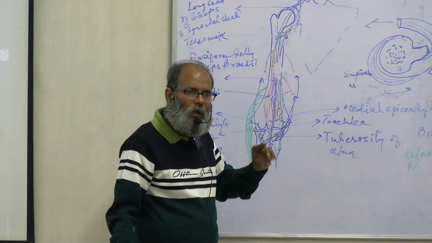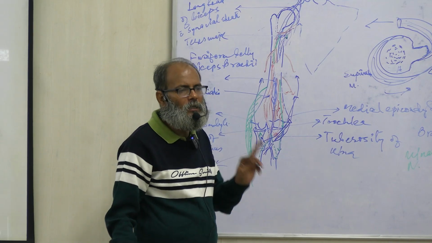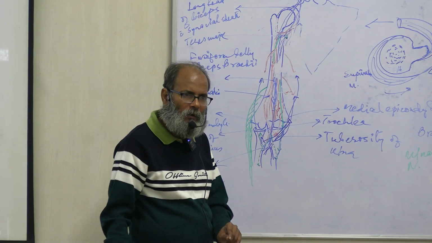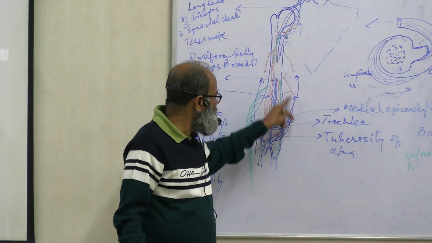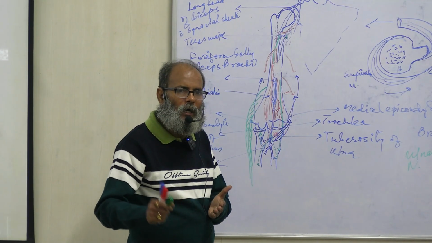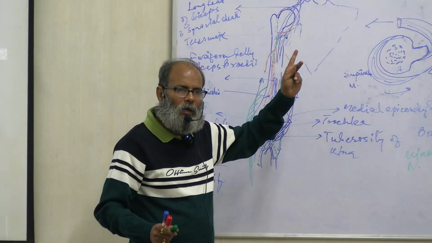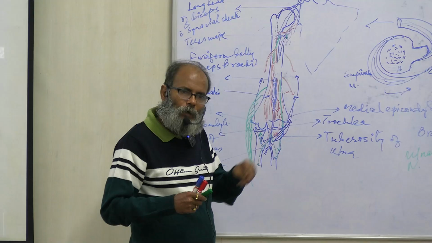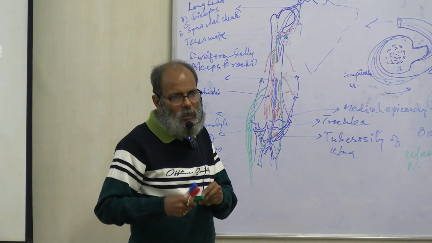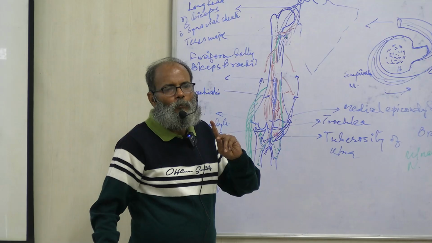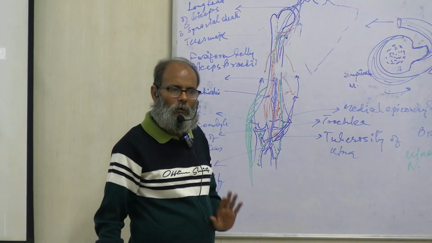All right, this descending branch anastomoses with the posterior ulnar recurrent artery. Anterior ulnar recurrent artery anastomoses with the superior ulnar collateral artery. So the inferior ulnar collateral artery is anastomosing with the posterior ulnar recurrent artery. Got my point?